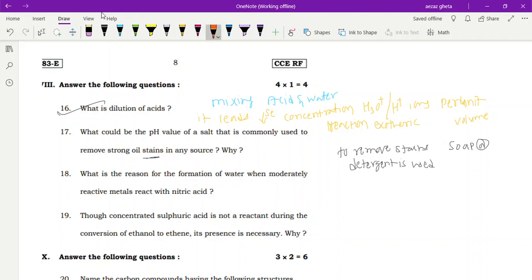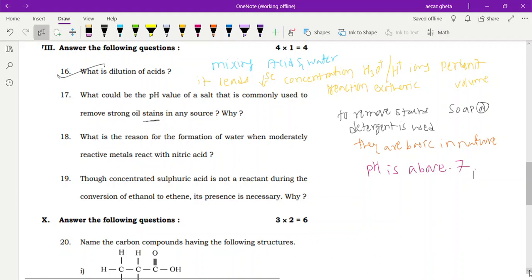And soap or detergent, obviously they are basic in nature. So if anything is basic in nature, then the pH is above 7. Okay, pH is above 7. Getting it? Right.